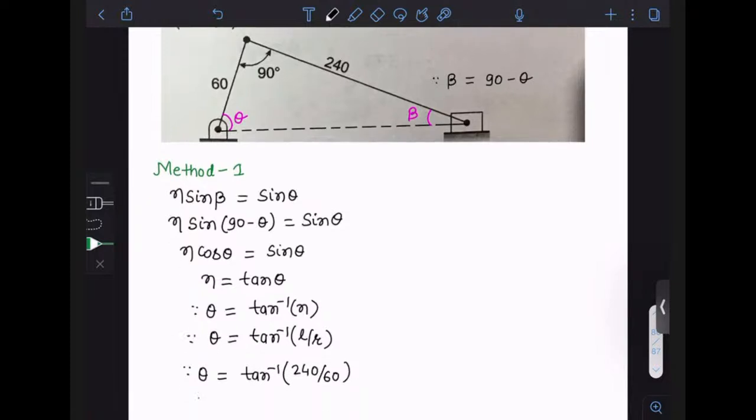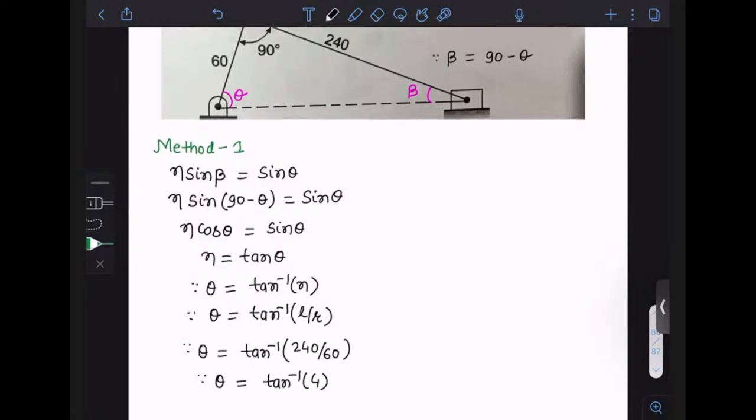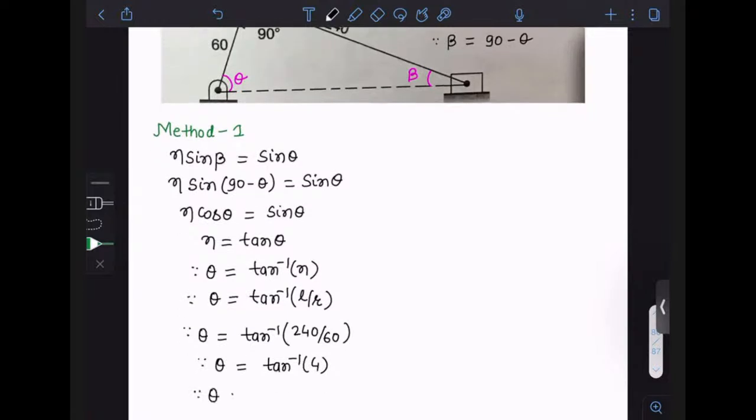Okay. So here theta is equals to tan inverse 4. What are we getting, everyone? Tan inverse 4 is 75.96 degree.